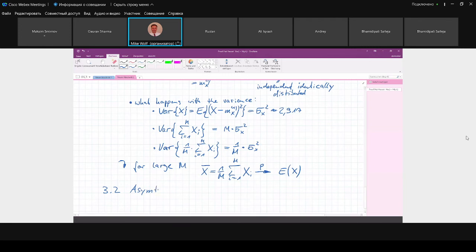Otherwise it would be impossible. This is really an original work, describing the original work of Claude Shannon from 1948.